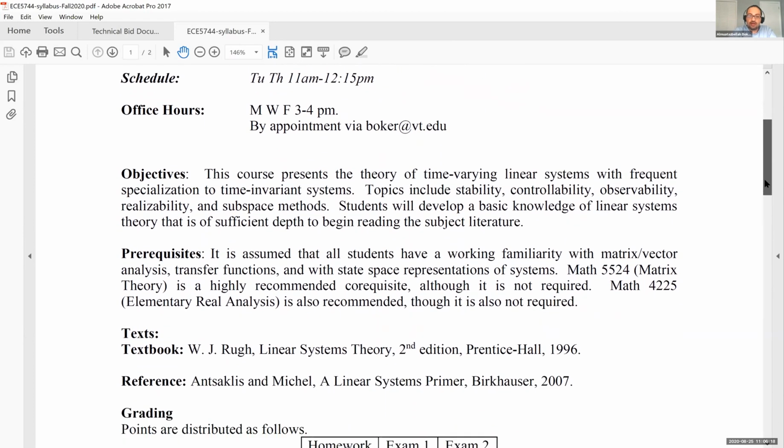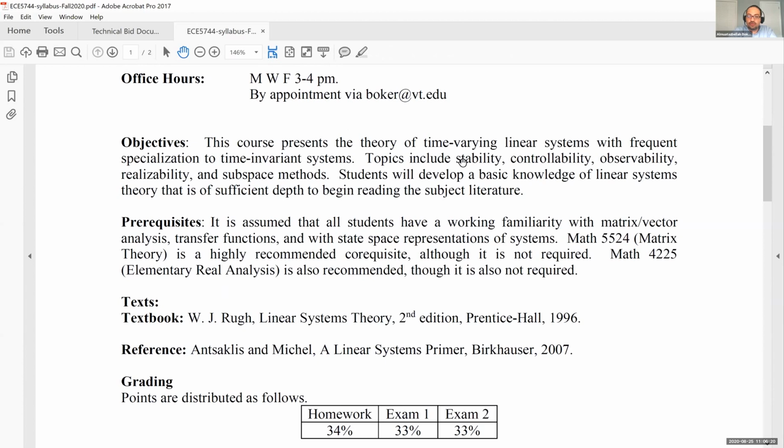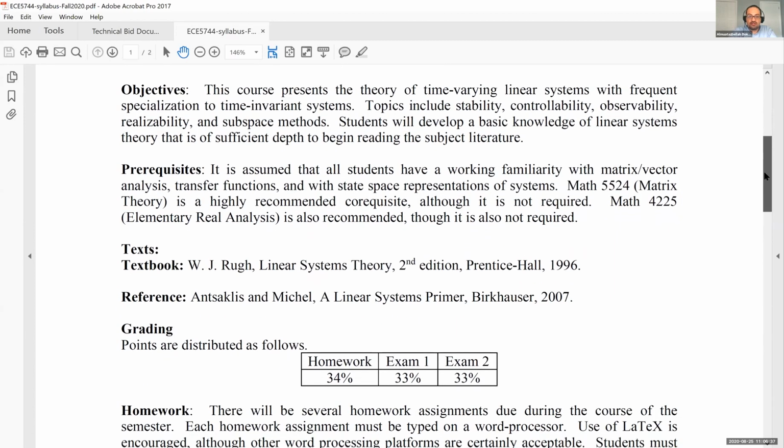All right, so in addition to covering time varying and time invariant systems, we will also cover stability, controllability, observability, realizability for these types of systems. So this is the objective of the course.